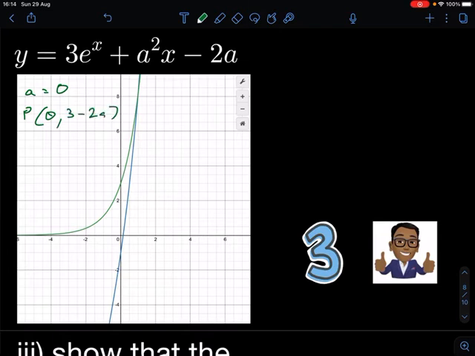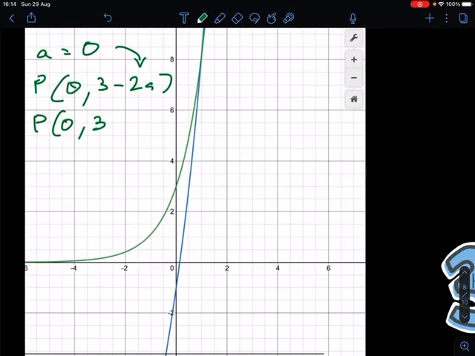Substituting a equals 0, that means (0, 3). You can see from the graphical calculator that this is the point.